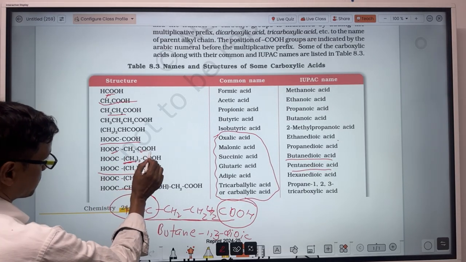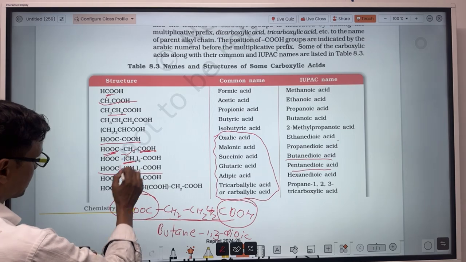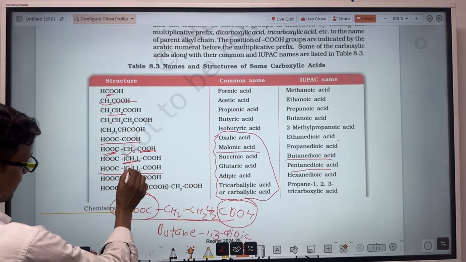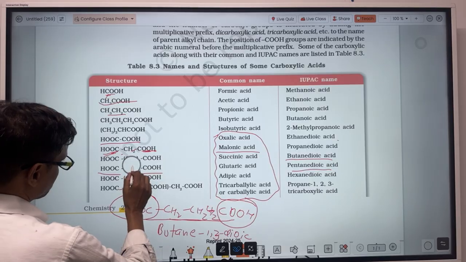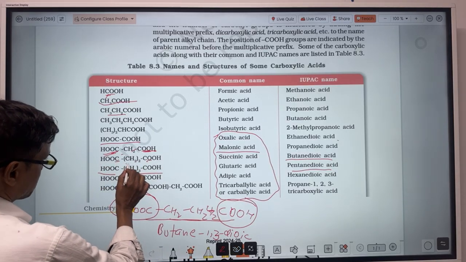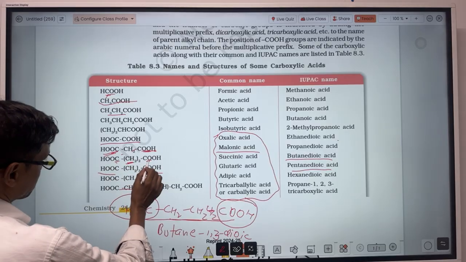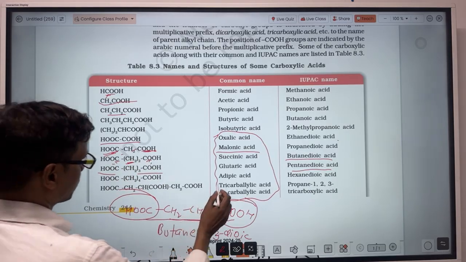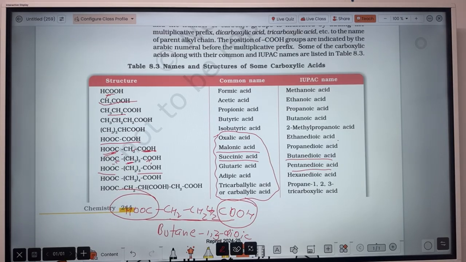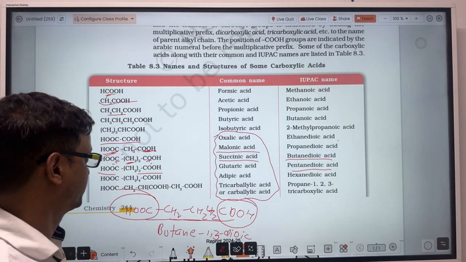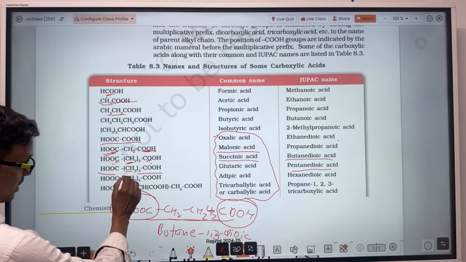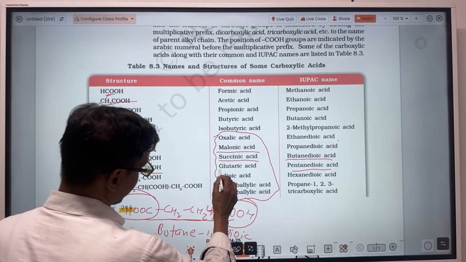If between the two COOH groups there is one CH2, that will be called malonic acid. If there are two CH2 groups between the two COOH groups, that will be called succinic acid. Succinic acid is more important for the NEET examination. Now CH2 whole thrice is here, so that is glutaric acid.